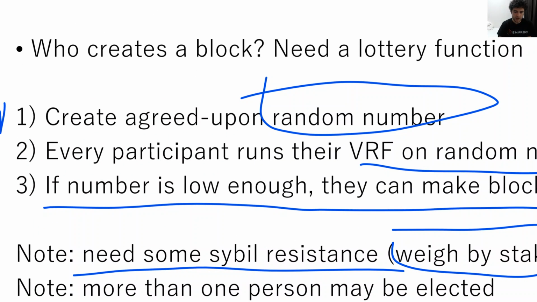One other problem this brings up is that more than one person could be elected. Imagine I run my VRF and I get 5, which is smaller than my stake. Maybe I have 10 stake, and somebody else also runs their VRF and gets a small enough number. Now we have two block producers, and the system needs some way to resolve who's the true block producer.